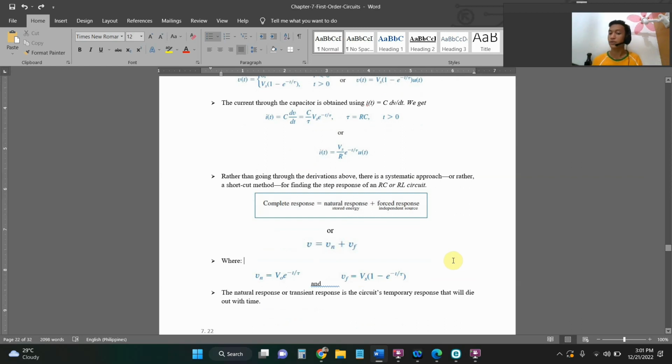So rather than going through the derivation above, there is a systematic approach, or rather a shortcut method, for finding the step response of an RC or simply RL circuit. The complete response is equal to the natural response, the stored energy, plus the forced response, or the independent source.